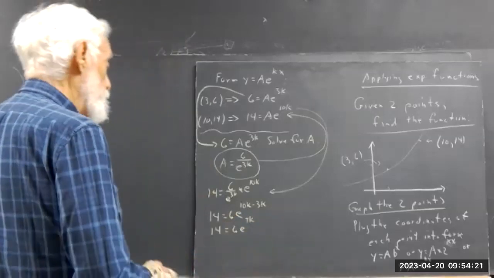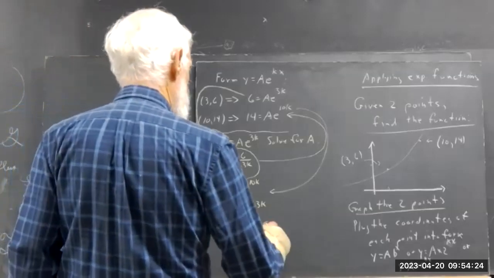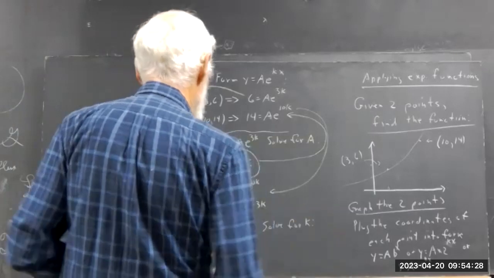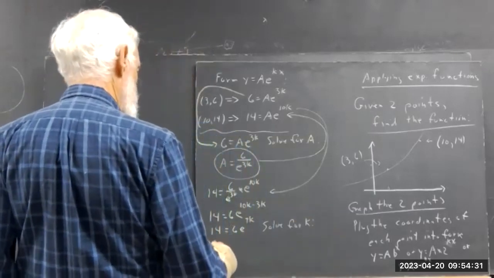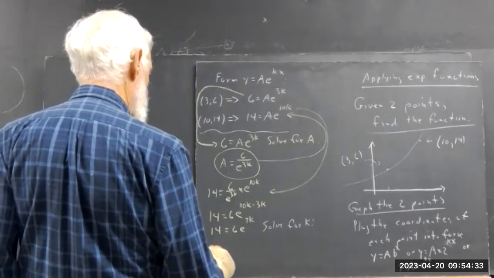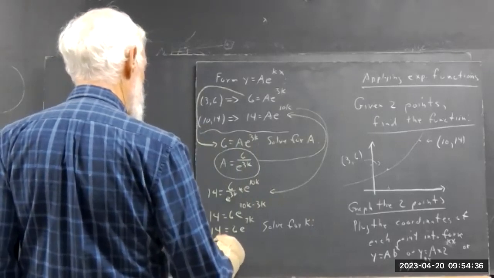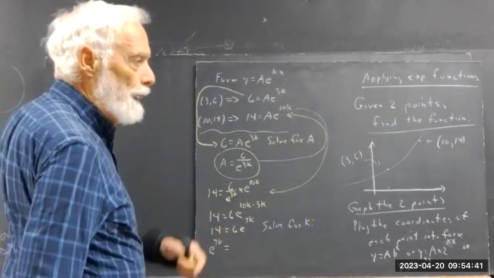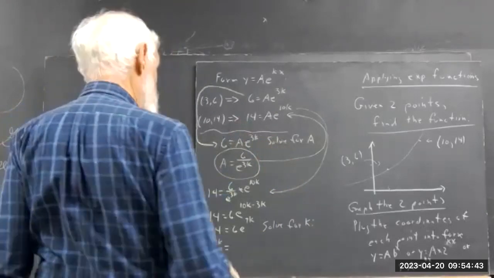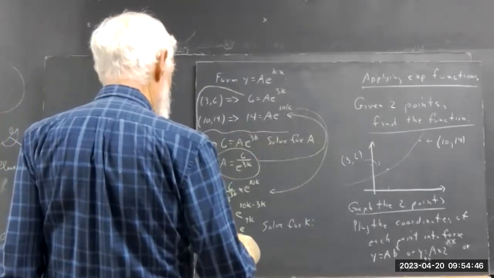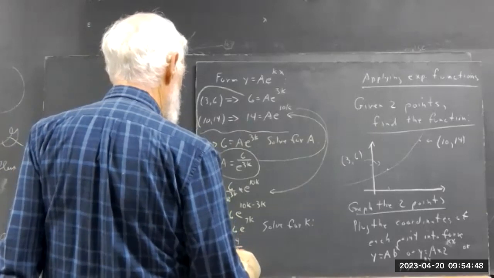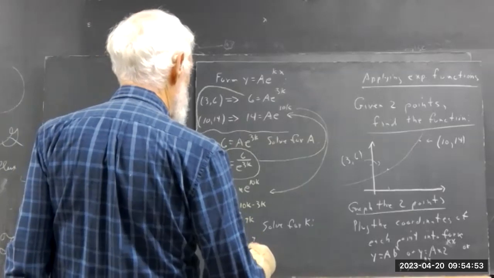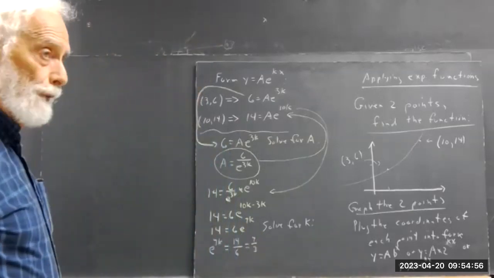Okay, so we solve for k. First of all, we put this into the form of a base to a power equals a number or quantity. And we get e to the 7k equals 14/6. Just to simplify things a little bit, we can reduce 14/6 to 7/3.